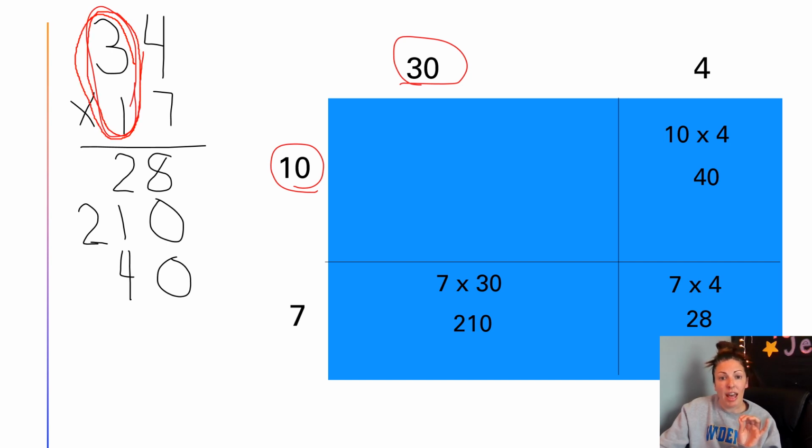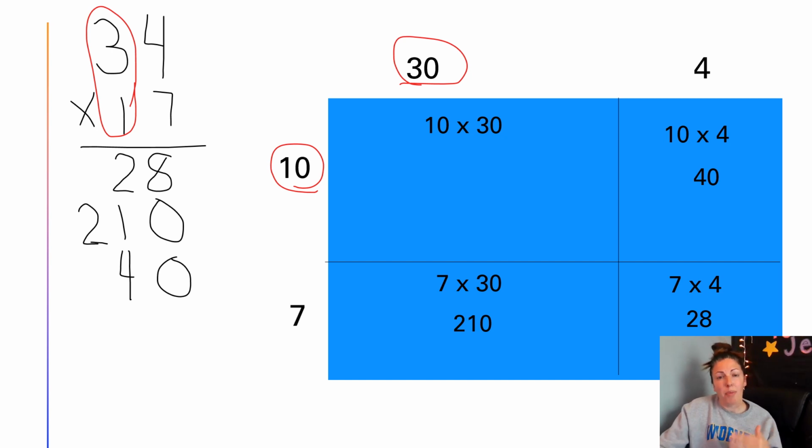So when we do that, we can see on our area model that we are going to be doing our work for 10 times 30 in this upper left-hand box right here.